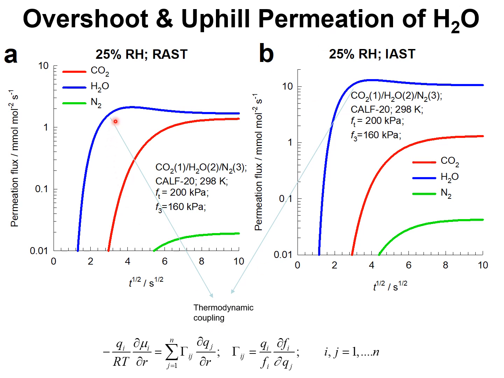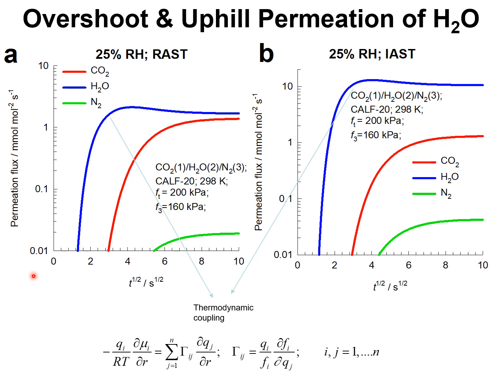This uphill transport of water vapor, wherein the permeation flux exceeds that at steady state, is caused by the thermodynamic coupling effects and the off-diagonal elements of the matrix of thermodynamic correction factors gamma sub ij. These are determined from the RAST.